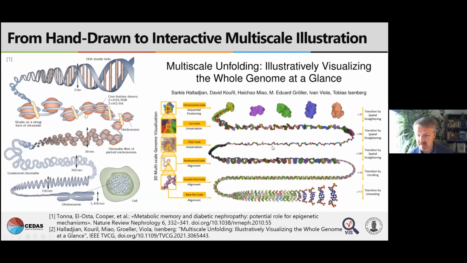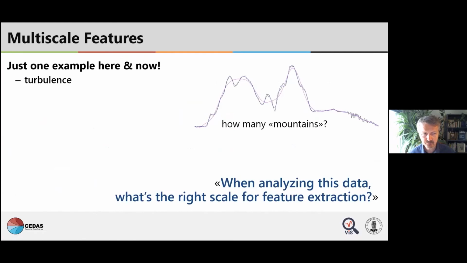And it's now possible with this solution to have a similarly set up multi-scale illustration, but it's interactive. So you can now change what you look at, and the illustration will interactively adapt. So this is a really impressive, very recent work on multiscale visualization and illustration.